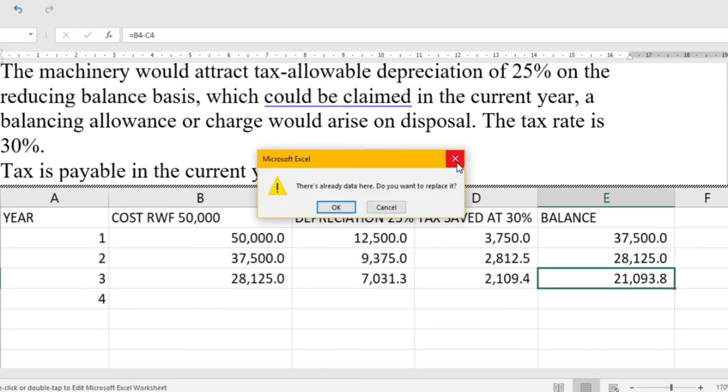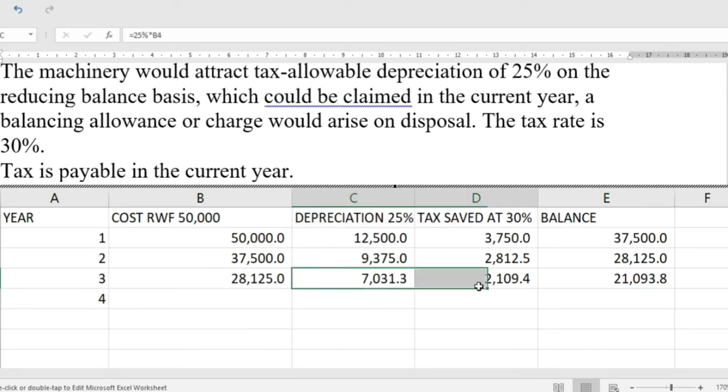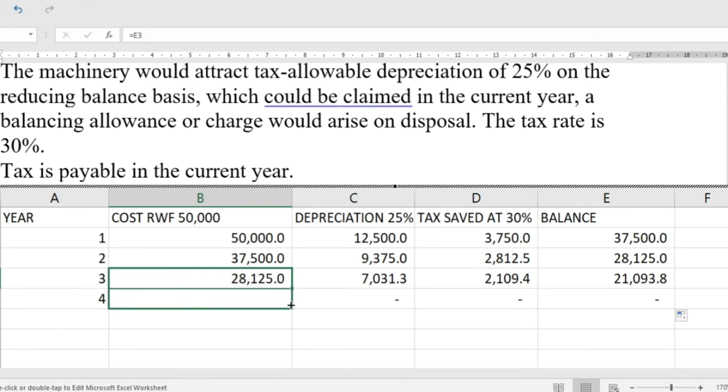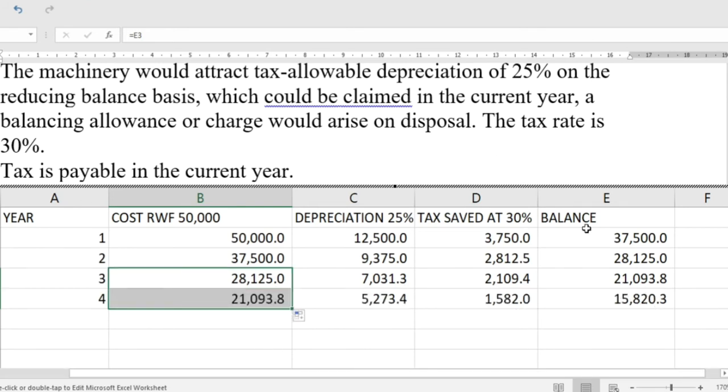The balance at year 4 is 21,093.8. We get a loss.